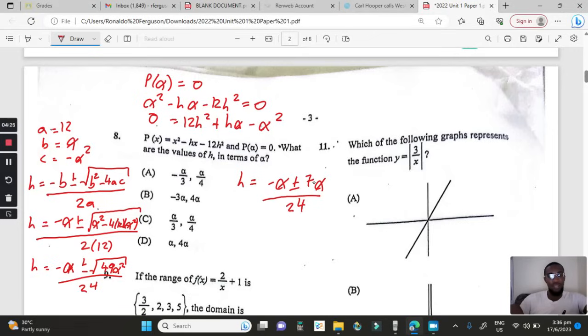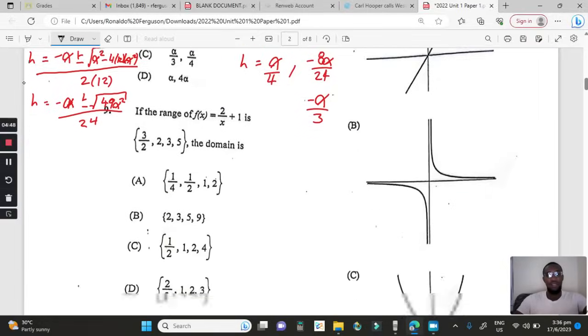Minus alpha plus 7 alpha is 6 alpha. So h is equal to 6 alpha over 24 is alpha over 4. And the next answer is minus 8 alpha over 24, which is minus alpha over 3. So we get the two answers. It's option A. I'm almost certain it's a repeat, but couldn't remember the answer.